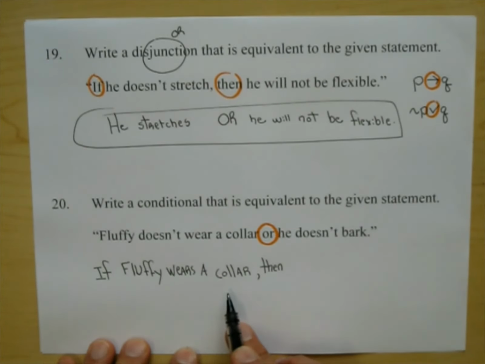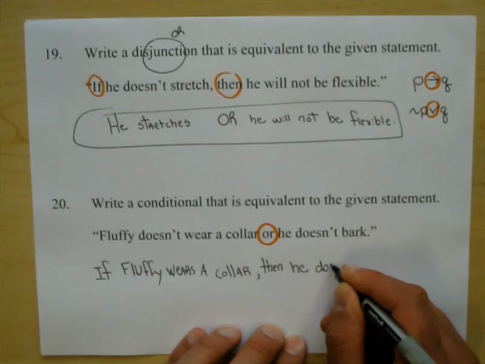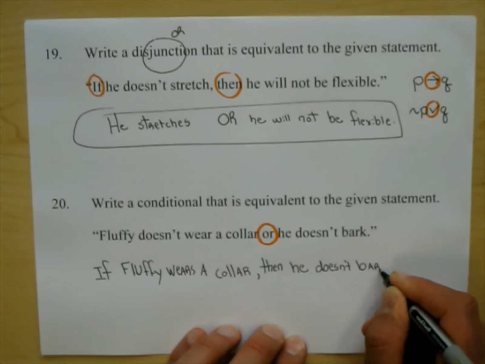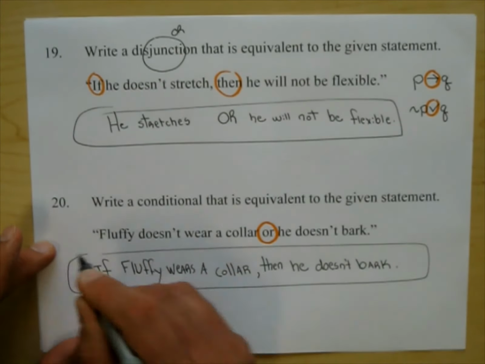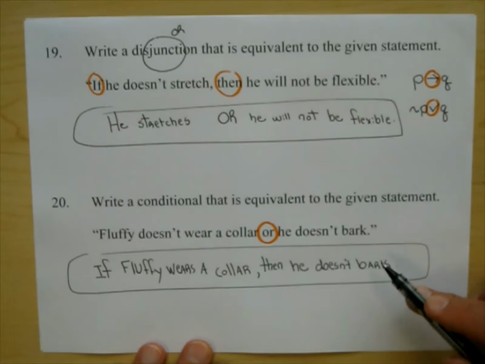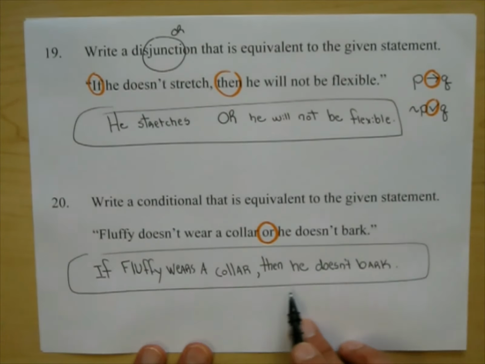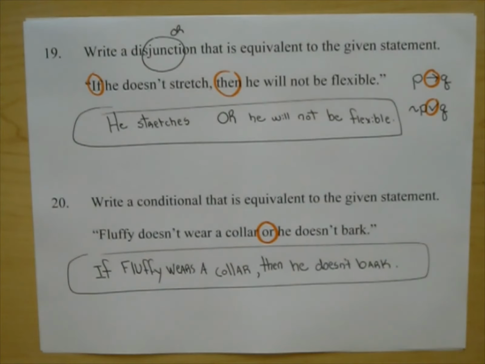If Fluffy wears a collar, then he doesn't bark. And there it is. Now if I wanted to go back to the or, it would be like this top problem here, where they're asking me to write this if then as an or. So make sure you know how to do these problems when you take the exam.